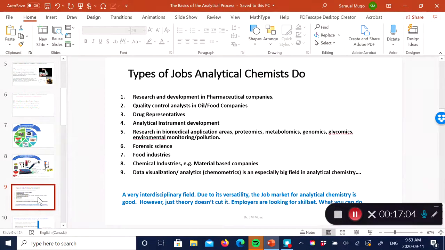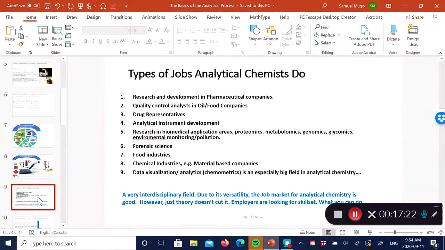You can also go and do drug representative, which is often, and I did this job before I became a professor actually, where you go and market different pharmaceutical formulations, and you explain to the doctors how those formulations actually work.